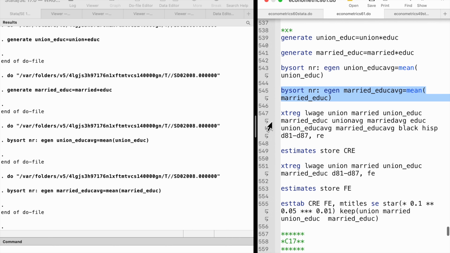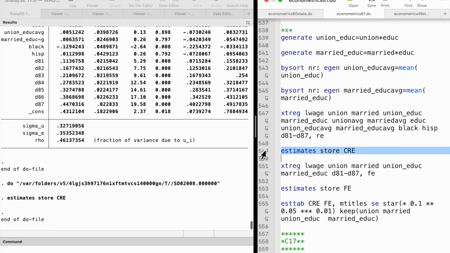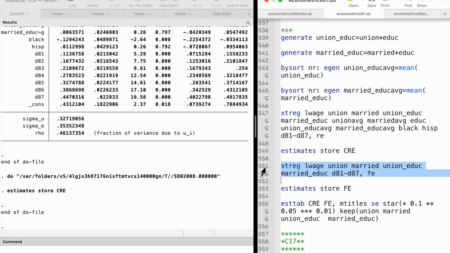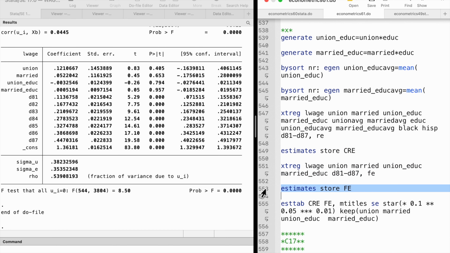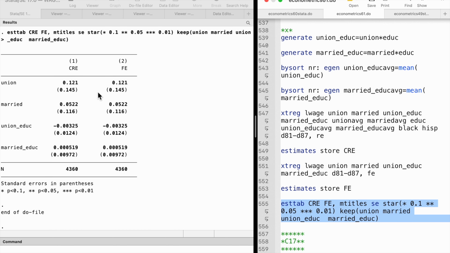Then we add the averages to the model and estimate the model by random effects. We compare the estimates for the time-varying variables in a table. The estimates from the correlated random effects are identical to those from the fixed effects.